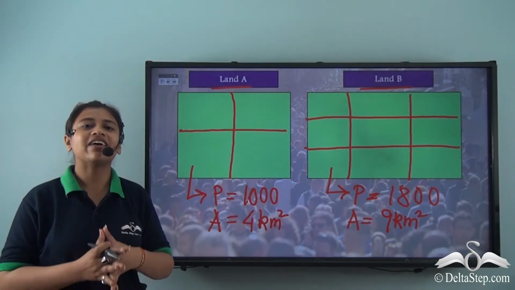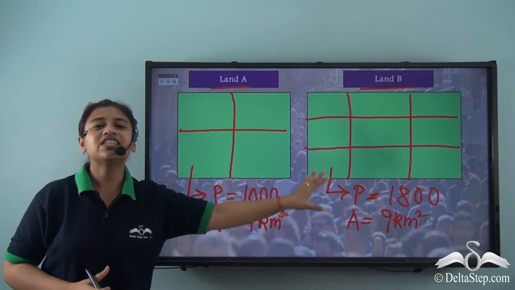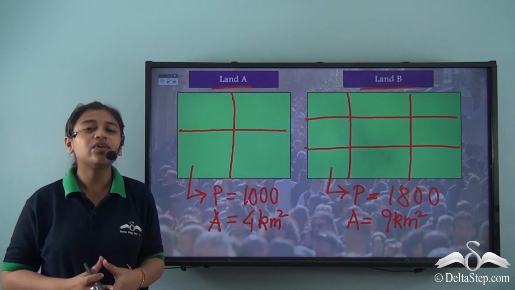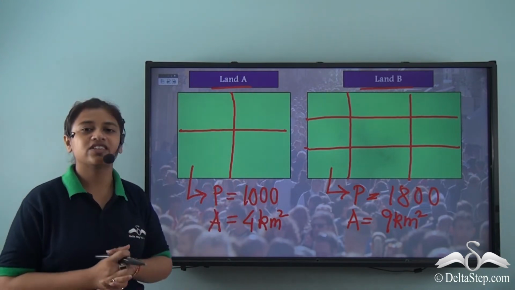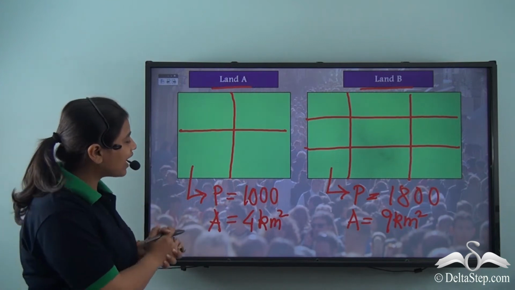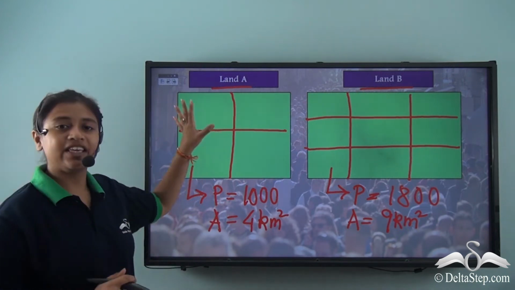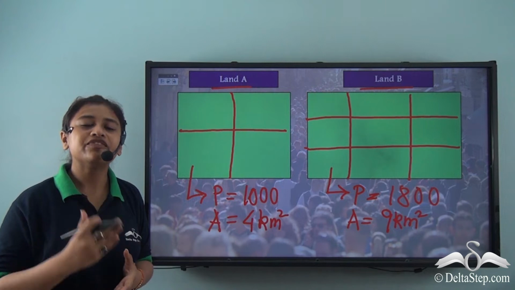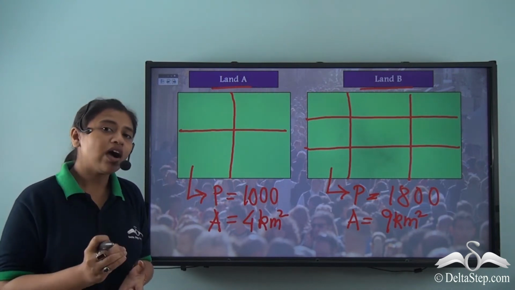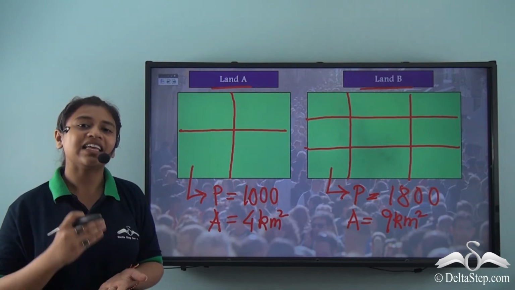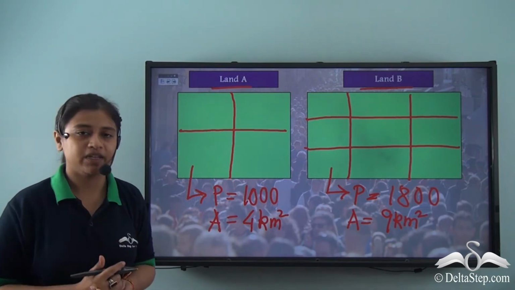So, just like we have divided the area of each of these lands into equal units, let's divide the population of these areas too equally. So, if we divide the population of land A equally, we get 250 people living in each unit. That is, there are 250 people living in each 1 square kilometer, right?